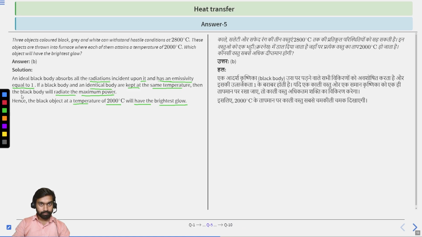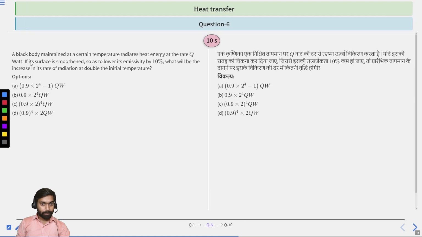Next question, question 6. A black body maintained at a certain temperature radiates heat energy at rate Q. If its surface is smoothened so as to lower its emissivity by 10%, what will be its rate of radiation at double the initial temperature?